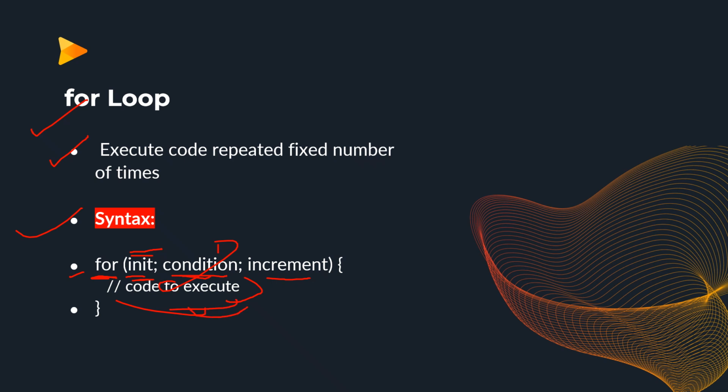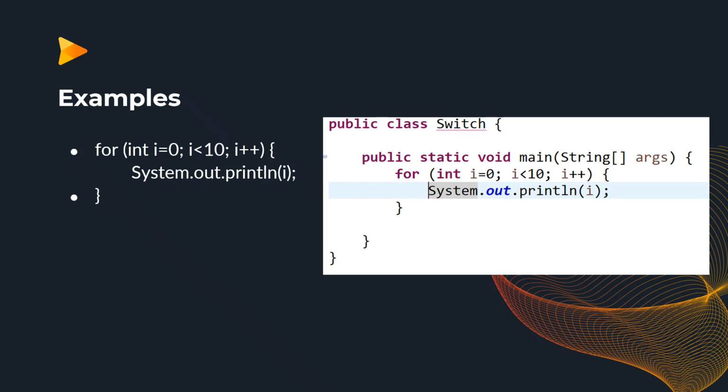After that it will go to the increment and increase the value of that variable, and go towards the end of the loop. It will run until the condition is false. Before we see one example, understand that we are using the semicolon for separating all these things.